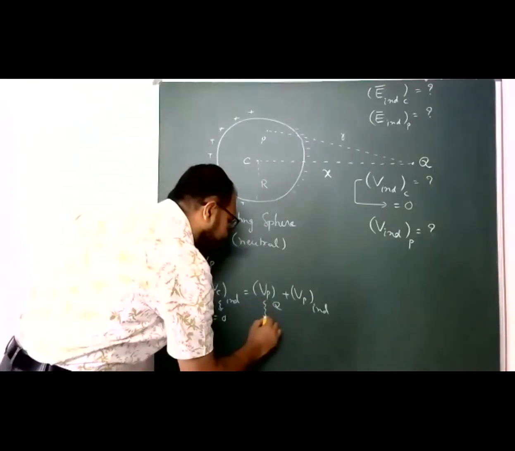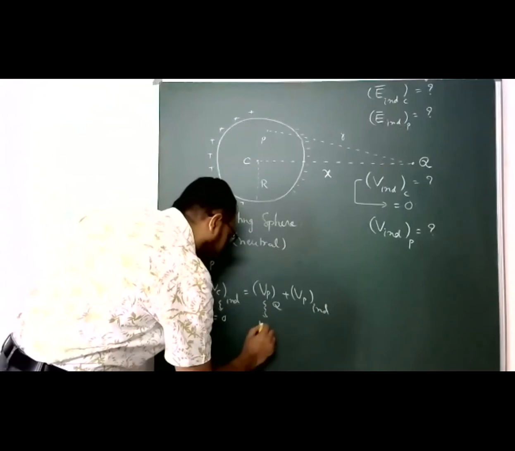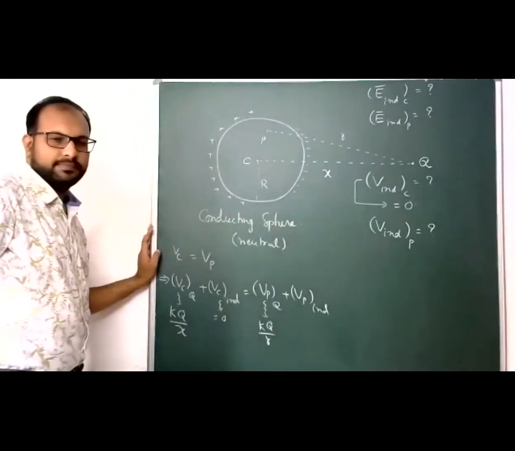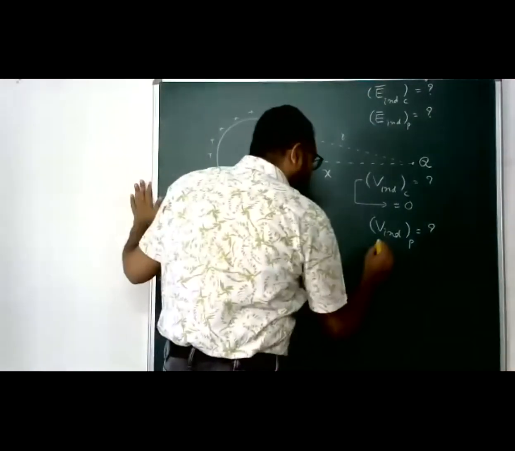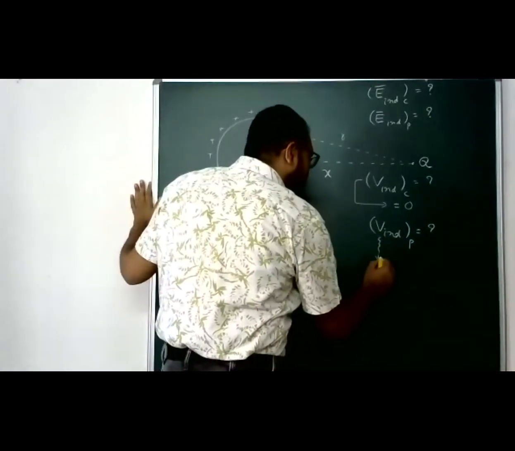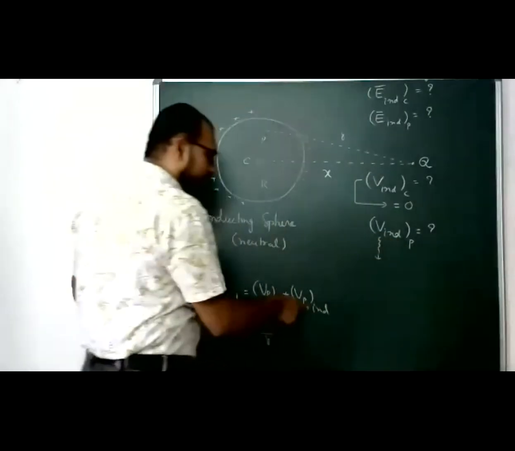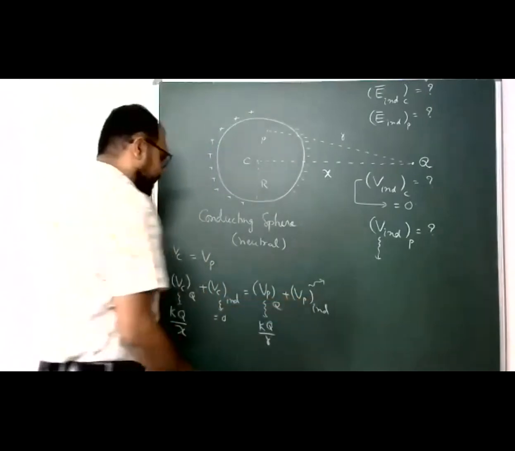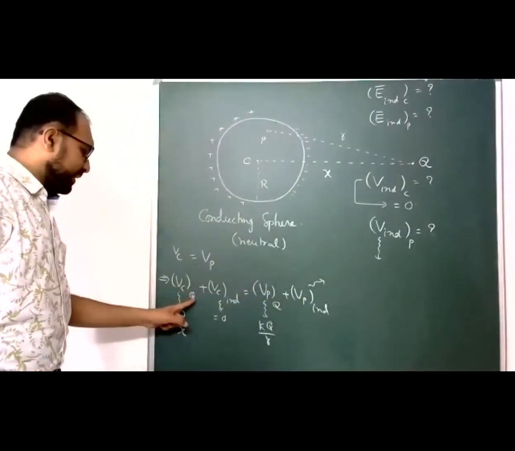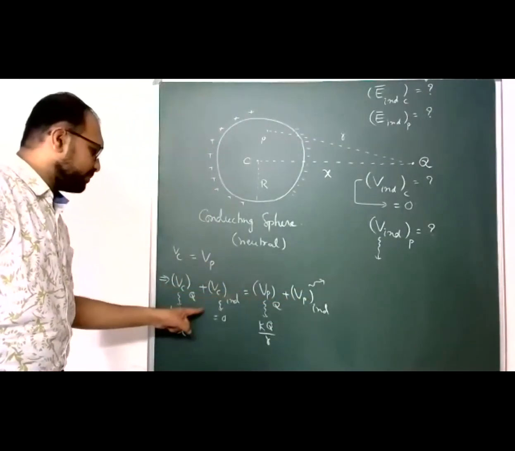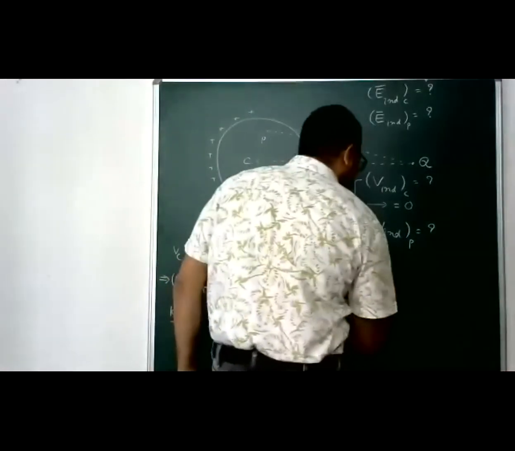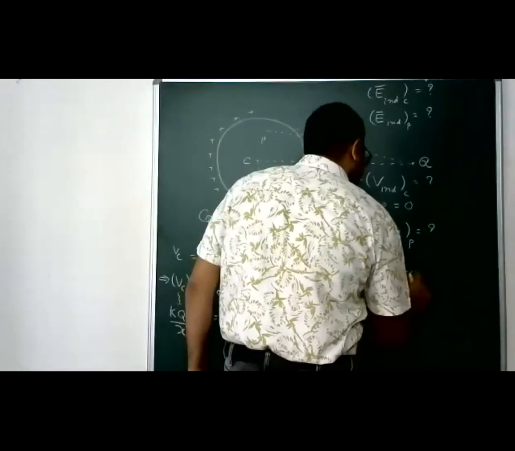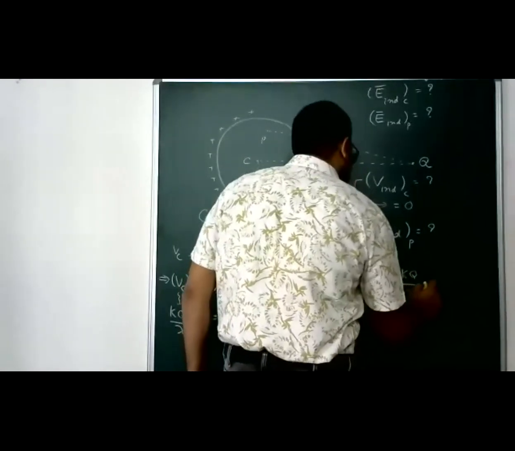Potential at point P due to capital Q is KQ divided by r. Therefore, potential at point P due to only induced charge is potential at C due to Q minus this potential: KQ by x minus KQ divided by r.